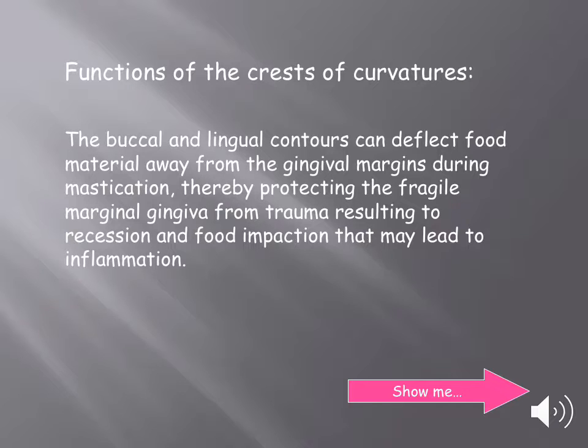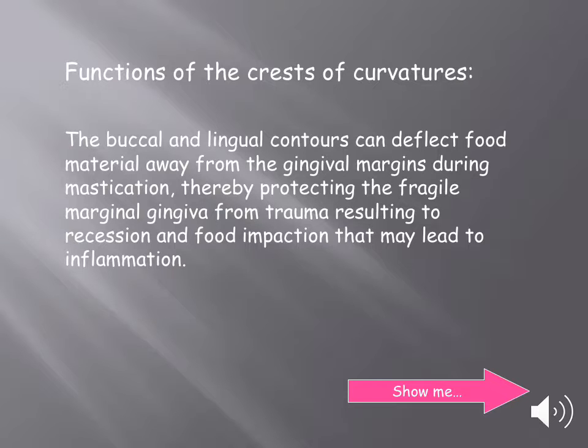Thus, it prevents premature recession of the gingiva, and it also prevents food from getting packed in the gingival crevice. When food or debris gets packed in the gingival crevice, it can cause inflammation, gingivitis, which can cause other things like periodontal pockets and other pathologic reactions.